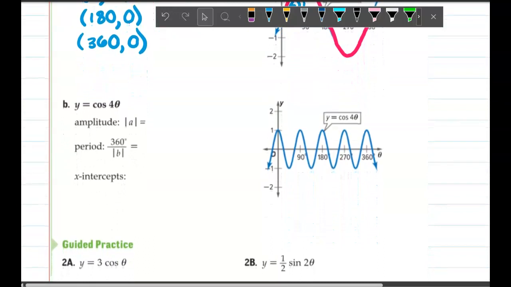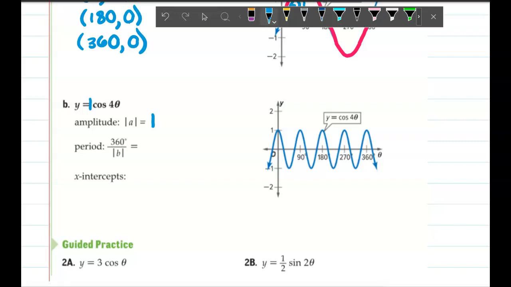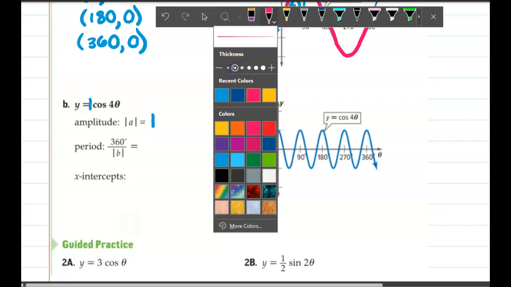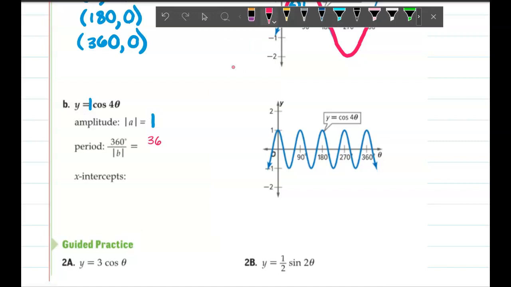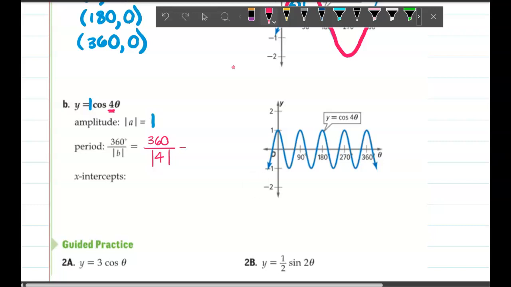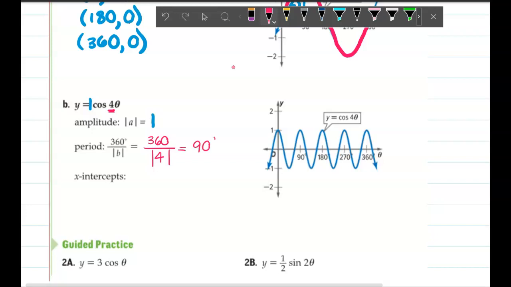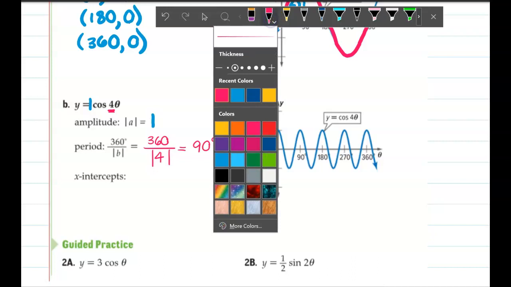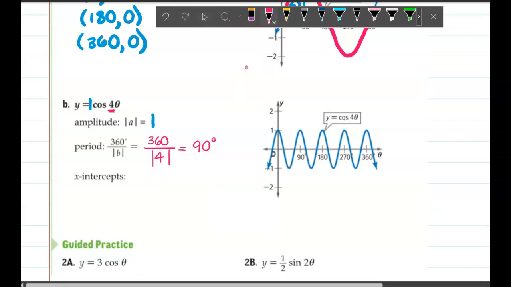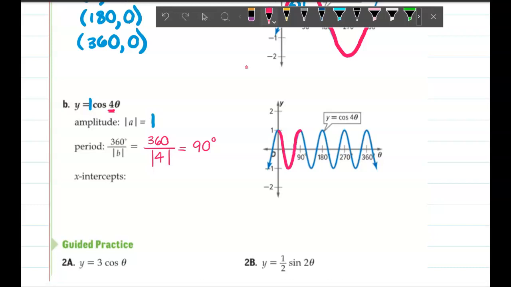On this next one, the amplitude again is just 1. That's the leading coefficient. To calculate our period, we would take 360 degrees and divide it by the absolute value of 4, because that's our B value. And when we do that, we get 90 degrees. As you can see, if I were to trace this, starting here, I only get to 90 degrees before that would repeat over and over and over.